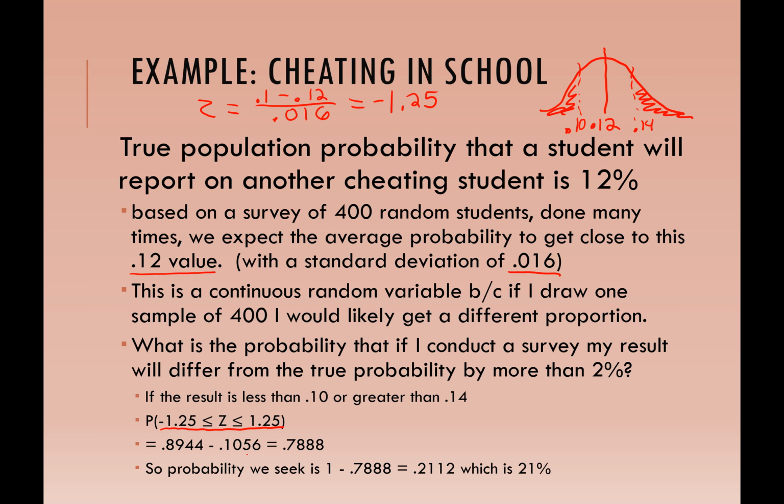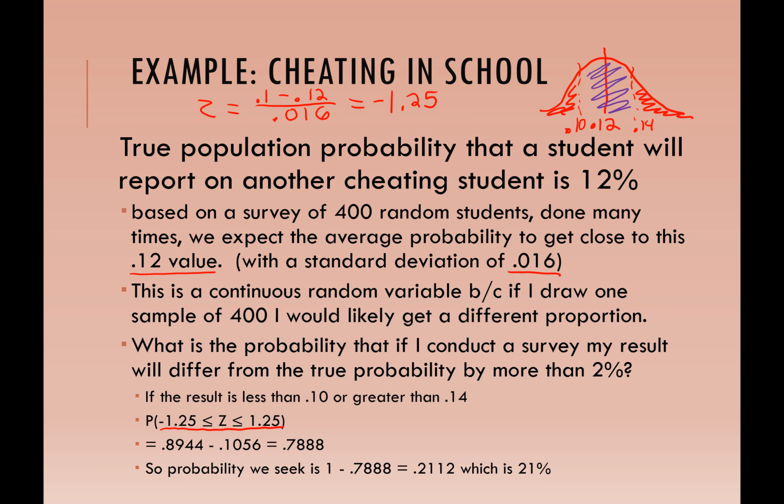Now you'll notice in the work on the bottom I have here, I found the area in between. So I found this area. And this is one way to do it, is to find the area in between and then subtract from 1, and that'll give you the area I have shaded in red.